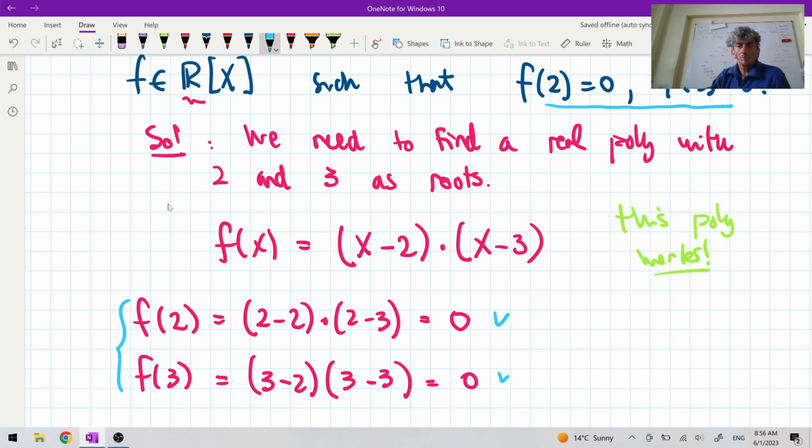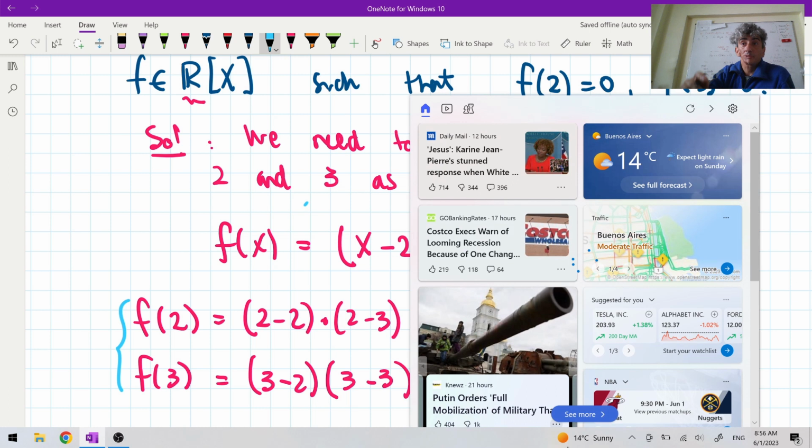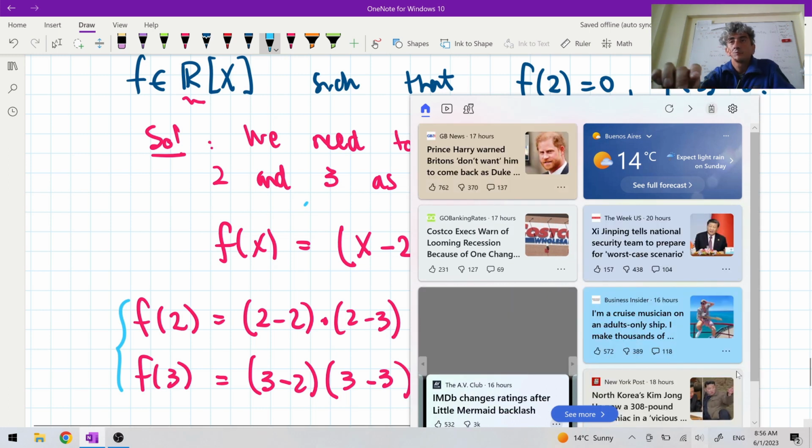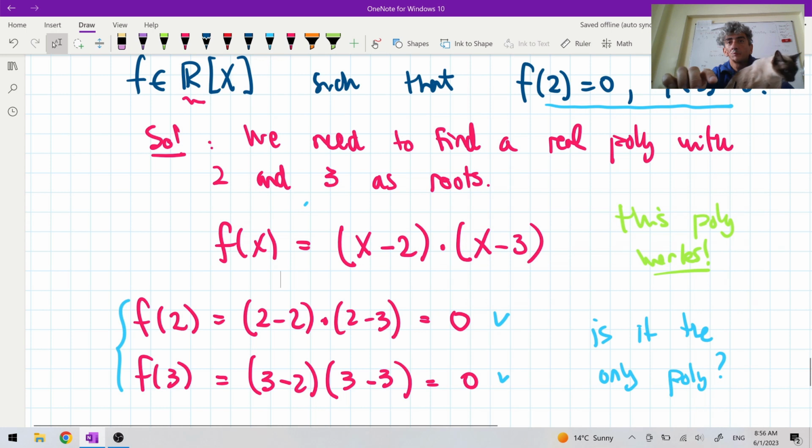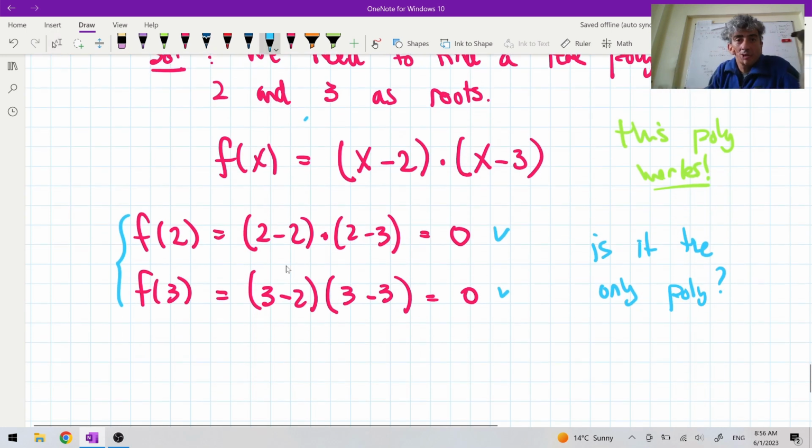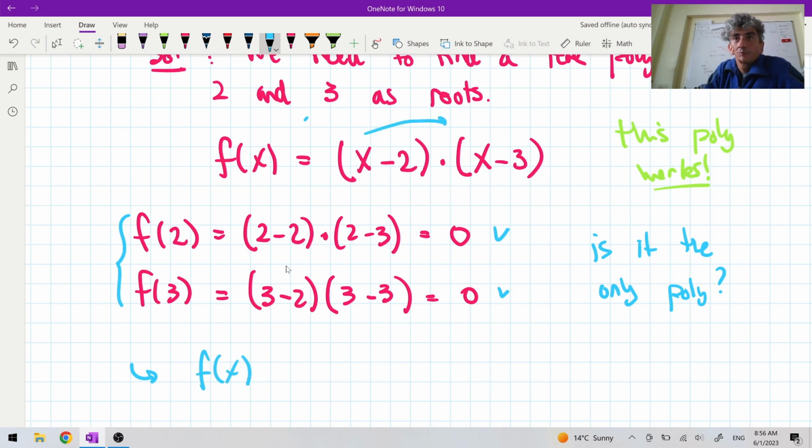Is it the only polynomial? Well, it can be seen that it is not the only polynomial, okay? So if you want to see another version for f, you just multiply out everything using the distributive law, and you get the polynomial written as a sum of powers: x squared minus 5x plus 6.